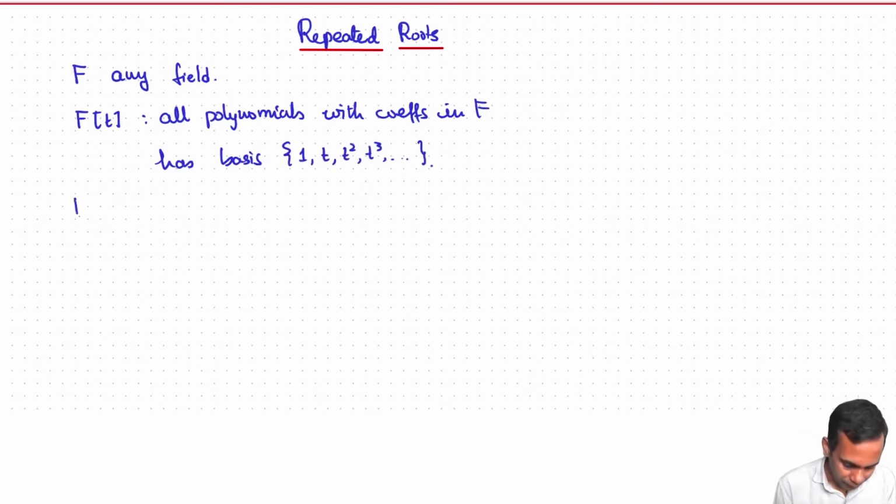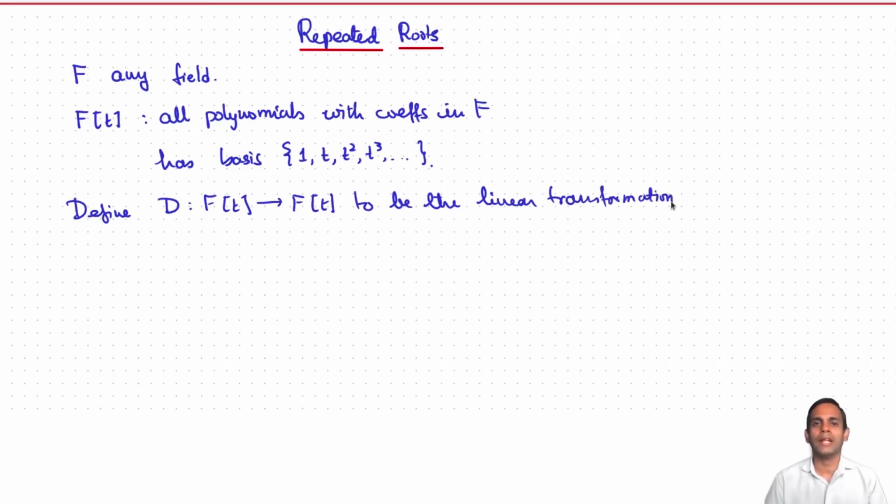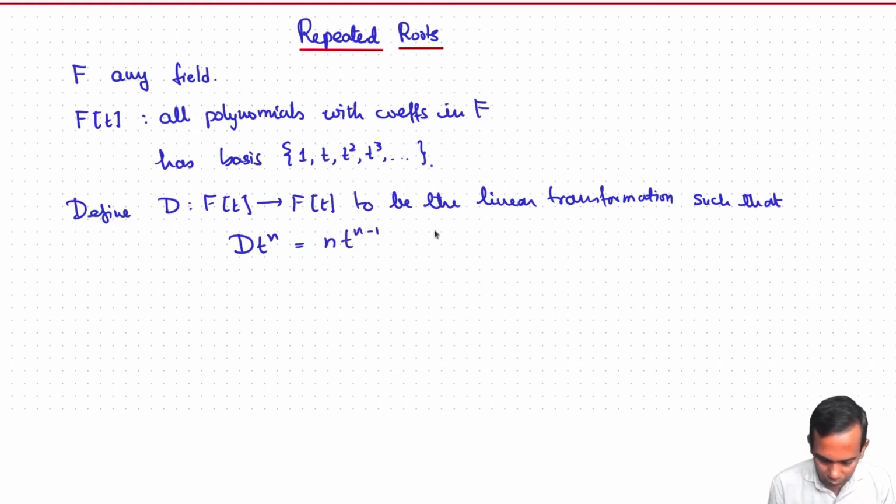Now you define d from F[t] to F[t] to be the linear transformation. Well, to define a linear transformation, I just need to tell you what its values are on a basis, such that d of t to the power n is n times t to the n minus 1 for all n greater than or equal to 0.